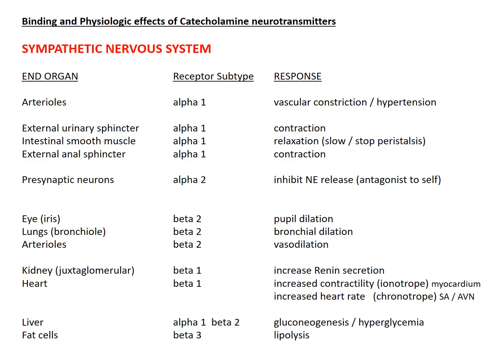So we're going to talk more specifically about each of these receptors as we move into the different organ systems. For now, I want you to understand sympathetic versus parasympathetic, fight or flight versus rest and digest, catecholamines acting on the alphas and the betas.